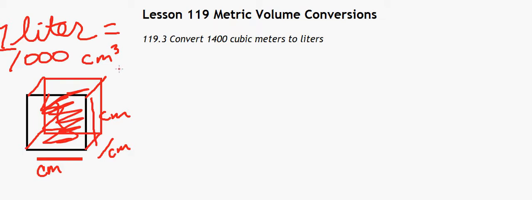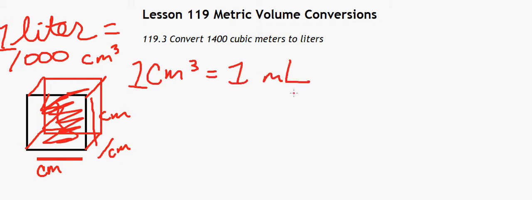1,000 cubic centimeters making a liter, we could say that a cubic centimeter is a milliliter, which is 1,000th of a liter. So 1 cubic centimeter equals 1 milliliter, which is abbreviated a little m, big L, which, if going into liters, is 1,000th.